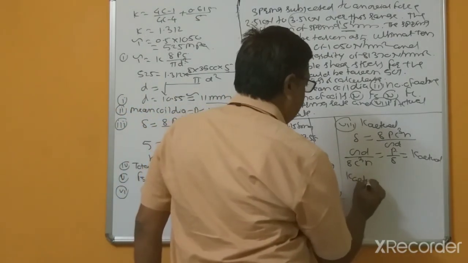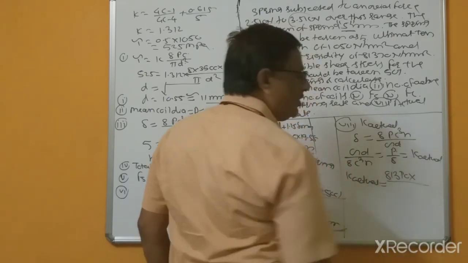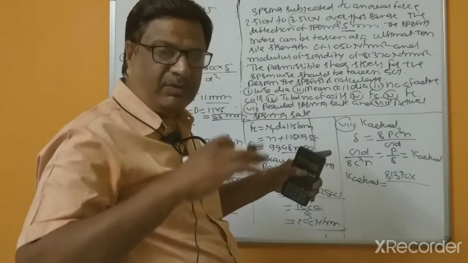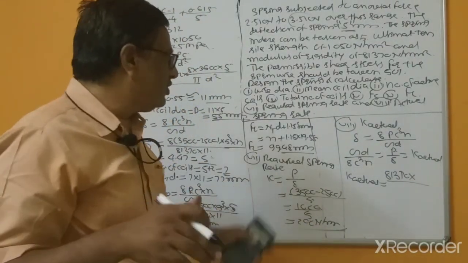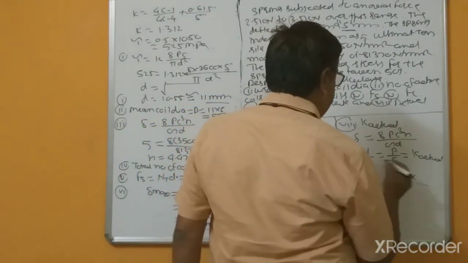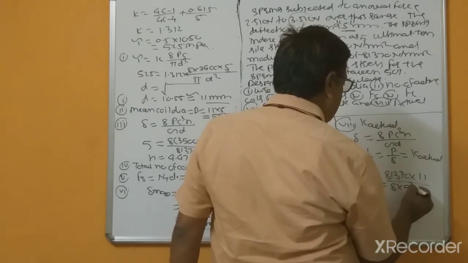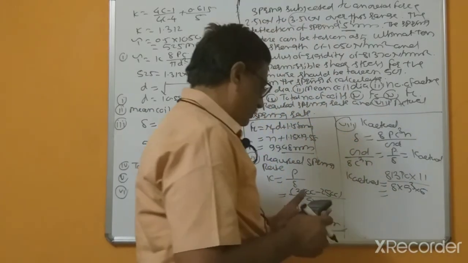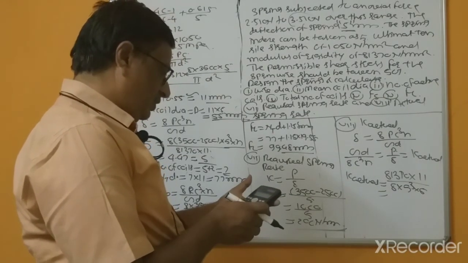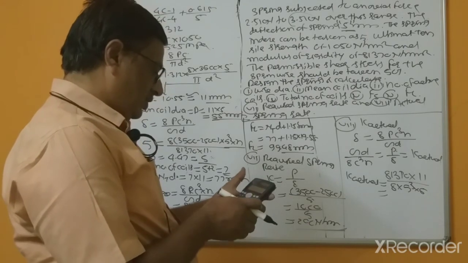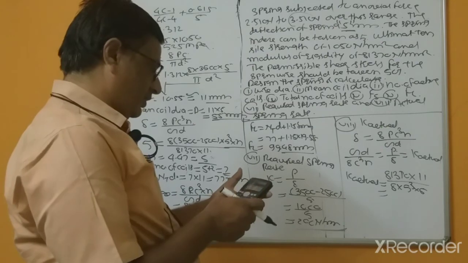So actual equal to 81370, because this is changed. Because we are increasing slightly the wire diameter, the number of turns also changes. So the actual spring rate is 81370 multiplied by 11 divided by 8 divided by 5 squared divided by 5 squared.